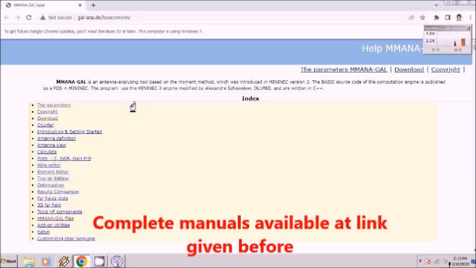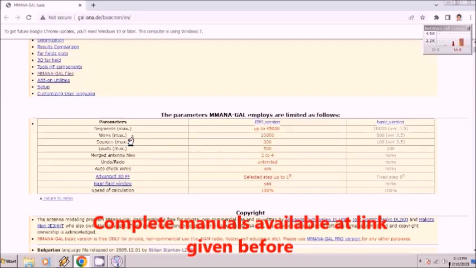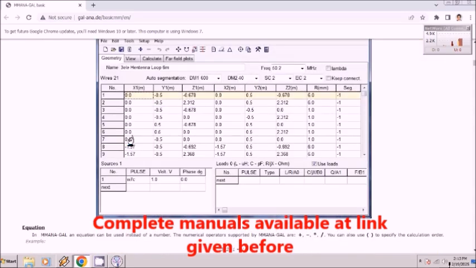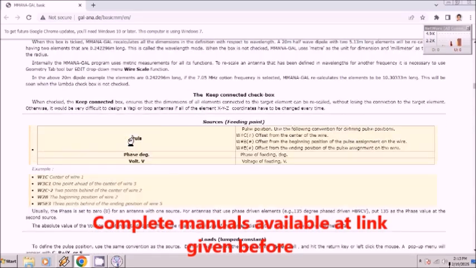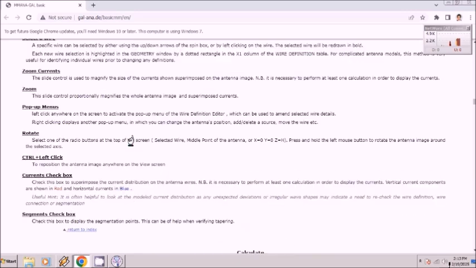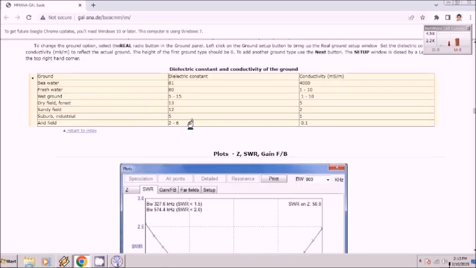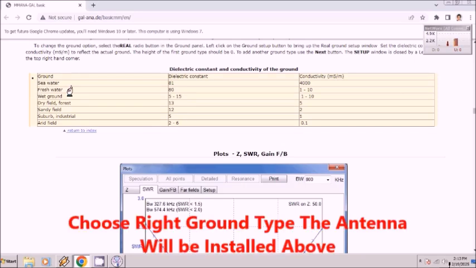The manuals are also at this internet address. Complete manuals. Okay, this is it. There are several types of ground: seawater, which you choose if you are going to place the antenna above the sea, on a ship probably.